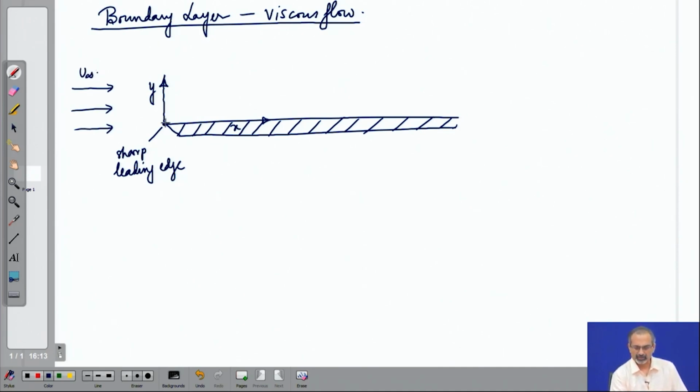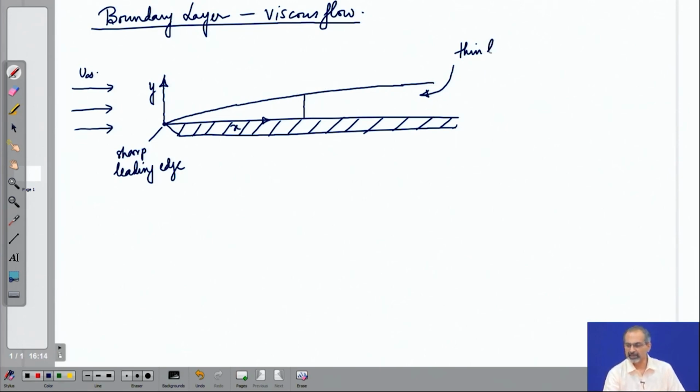When the flow occurs over the flat plate, a very thin layer containing viscous effects is formed over the flat plate. This region could be really thin, but we are showing it in a much more zoomed manner, that is why it looks thicker.